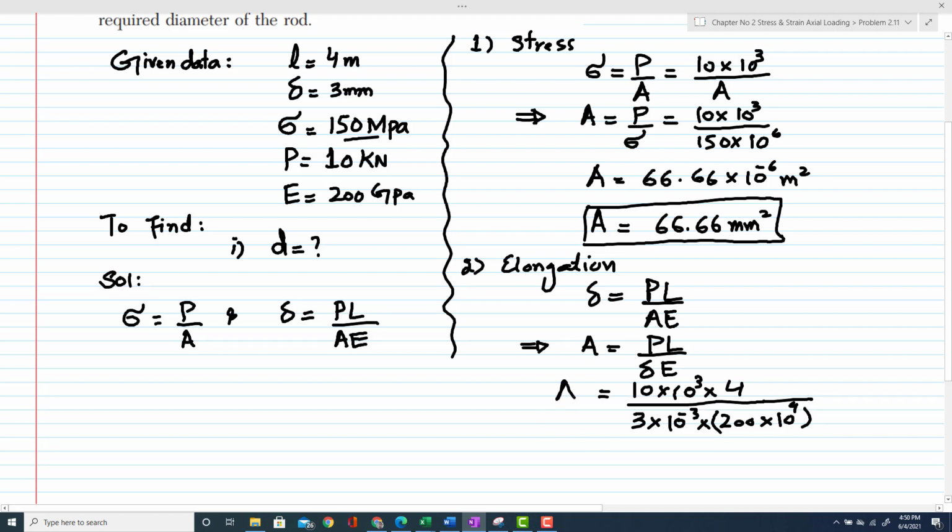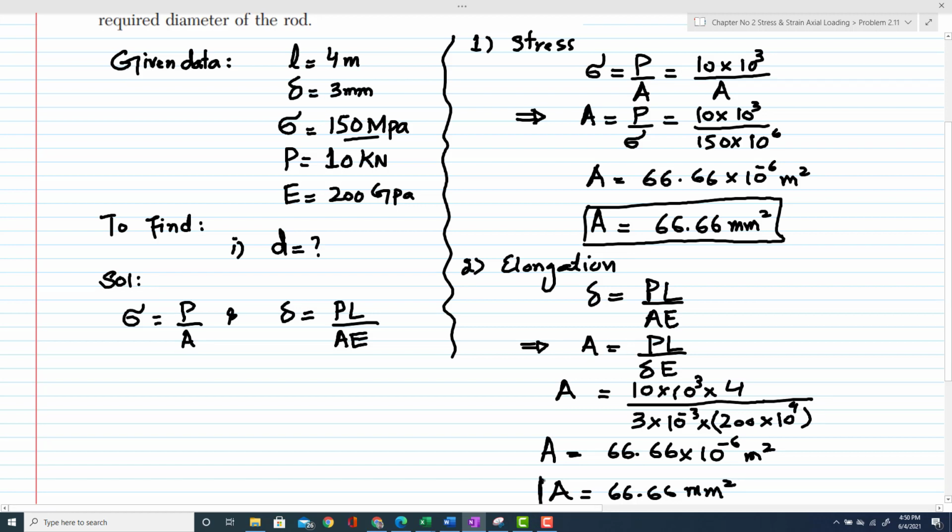When you calculate all the values, you will get A, that is also 66.66 into 10 raised to power minus 6 square meter, or if you further simplify, that is 66.66 square millimeter.